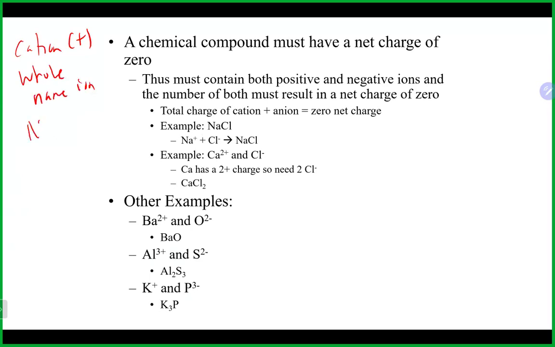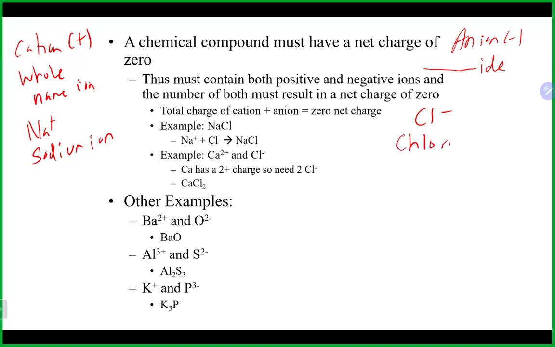So if we had Na plus, that would be our sodium ion. And if you have an anion, which is negatively charged, we take the root of the nonmetal name, drop the last part, and add -ide to it. So for example, Cl minus: Cl is chlorine, we drop the last part of chlorine, and that becomes the chloride ion.